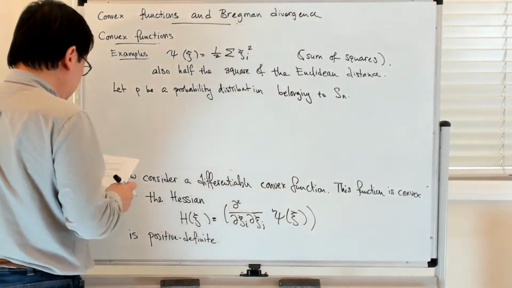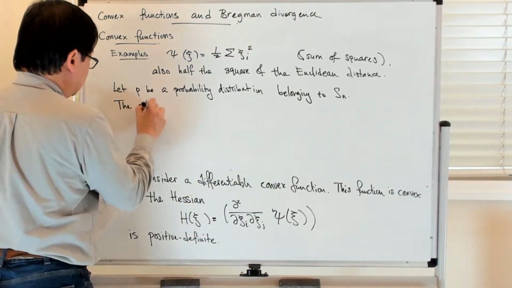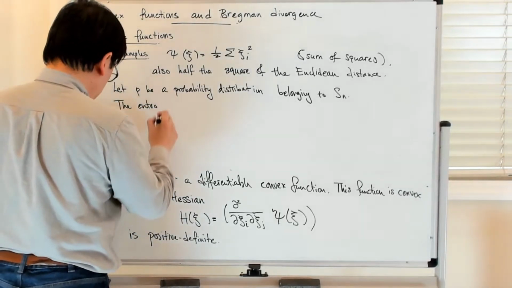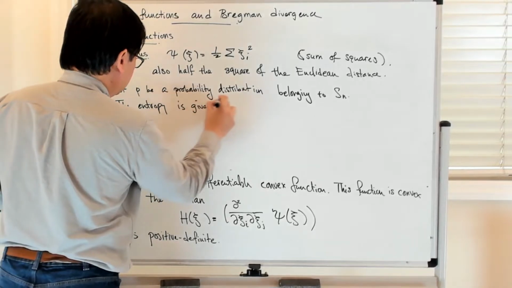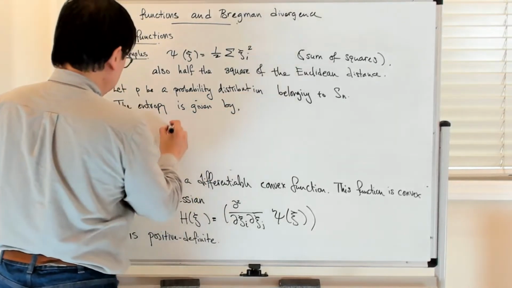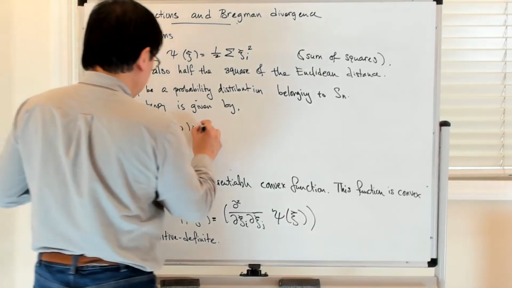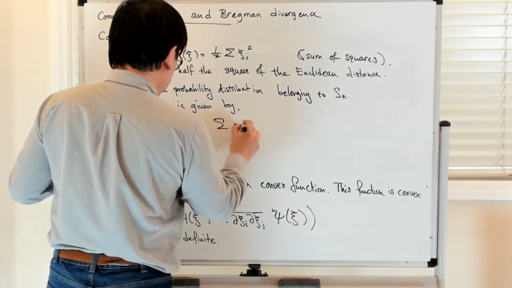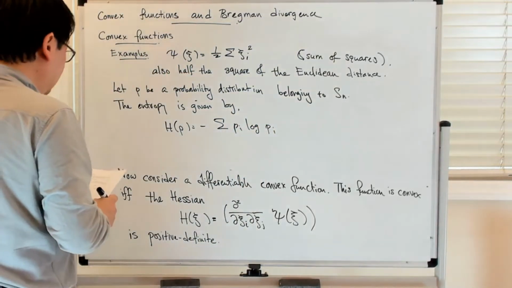Alrighty. So then the entropy is given by the following. H of p is equal to negative the sum of p_i log p_i, which is a concave function.